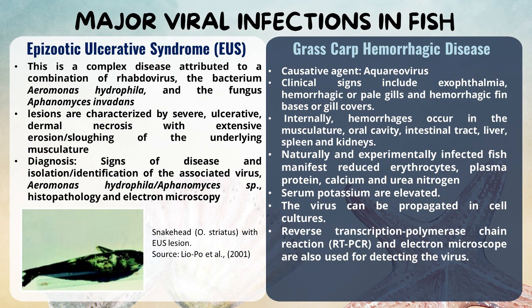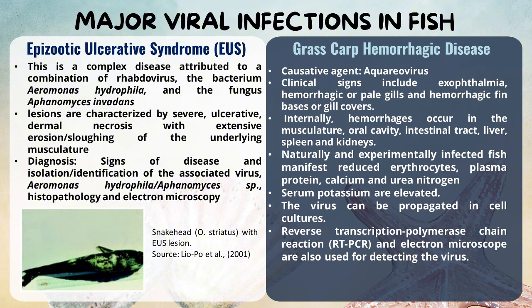Serum potassium is elevated. Signs of disease and mortality are observed within 1 to 2 weeks of exposure of fish and water at temperatures of 25 degrees Celsius or higher. Experimental vaccination induced 80% level of immunity by day 4 at temperatures above 20 degrees Celsius.